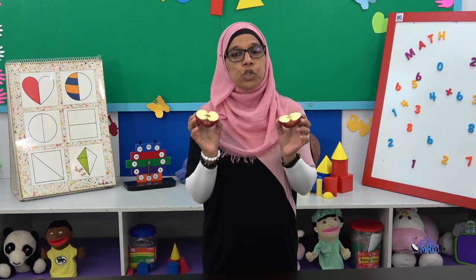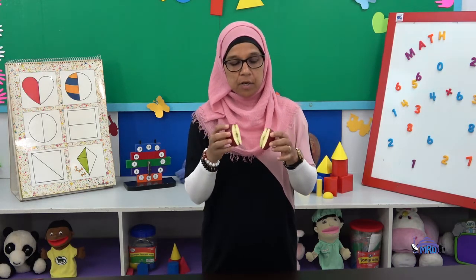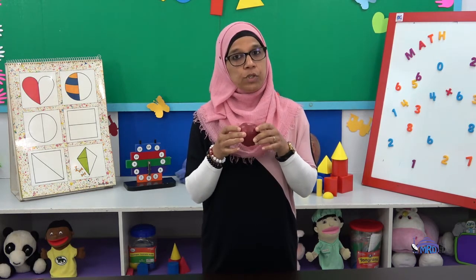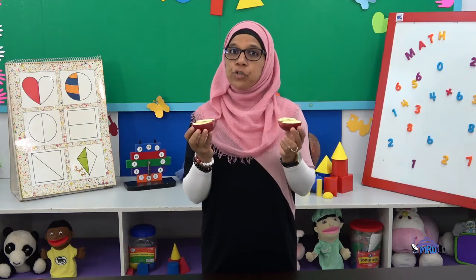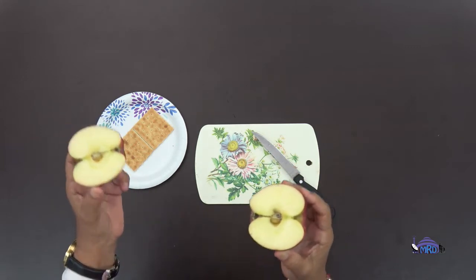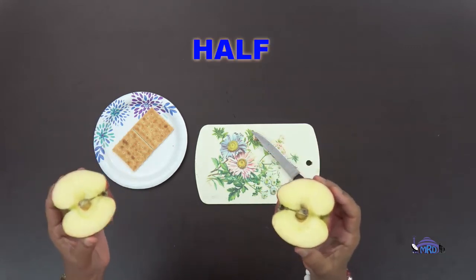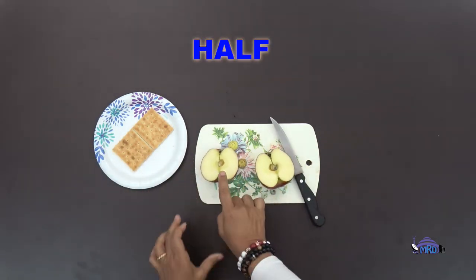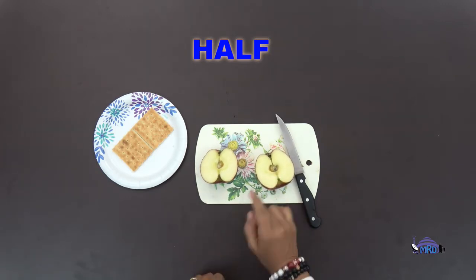Here we have 2 equal pieces. We had an apple, it was whole, we separated it into 2 equal pieces. Each piece is called a half. This is a half and this is a half.